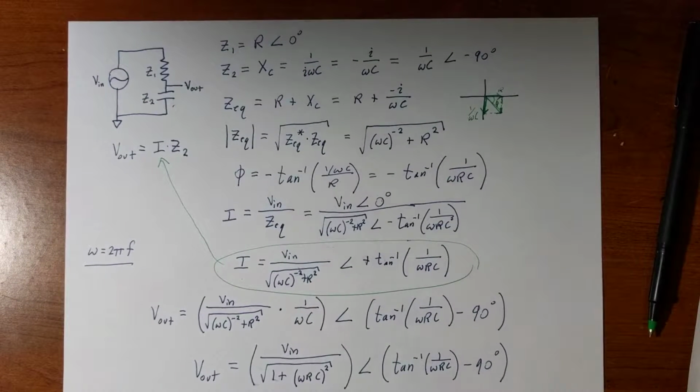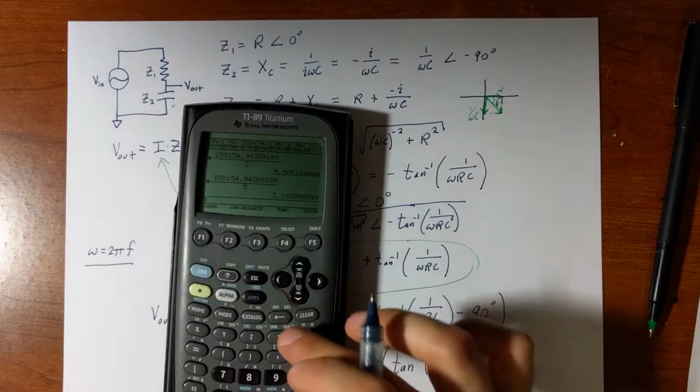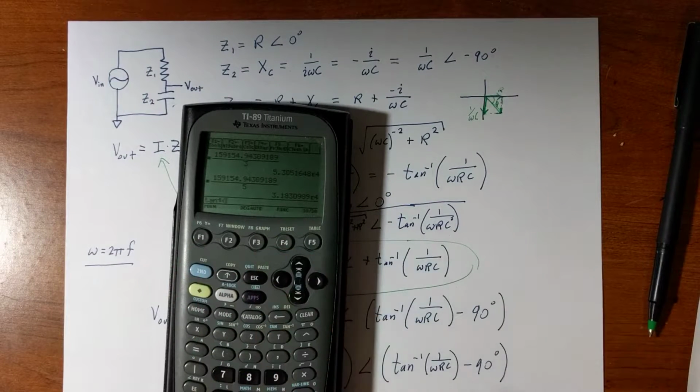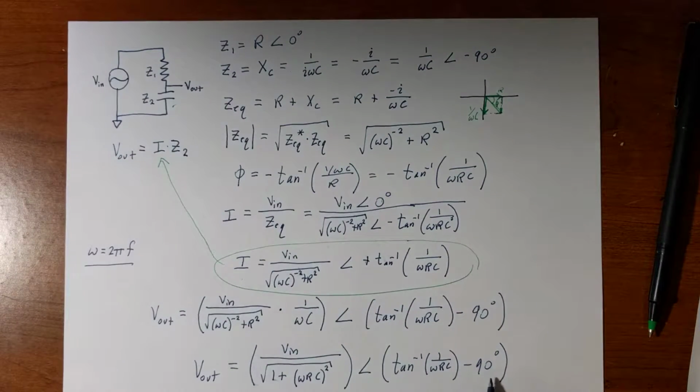A particularly interesting situation arises when I let omega equal 1 over RC. I end up with just a 1 here. I end up with a 1 here. Well, inverse tangent of 1 gets me 45 degrees. 45 degrees minus 90 degrees, I end up with negative 45 degrees.